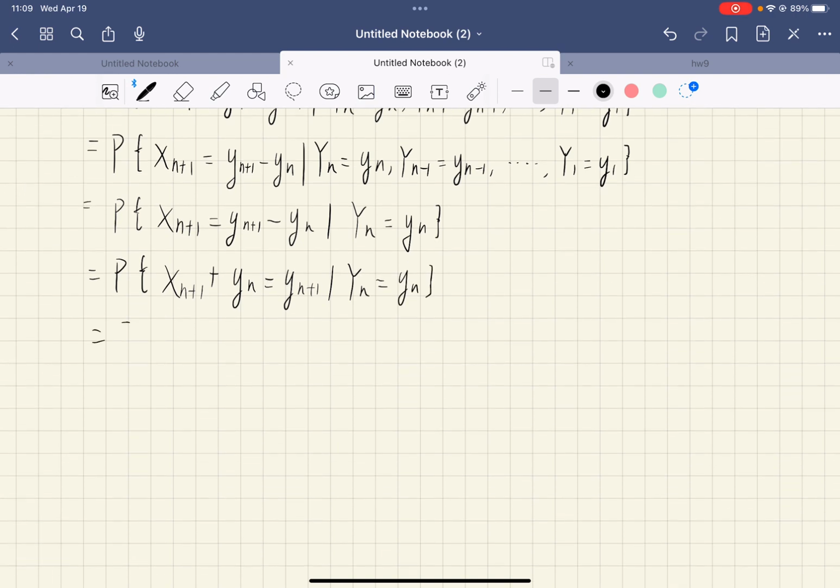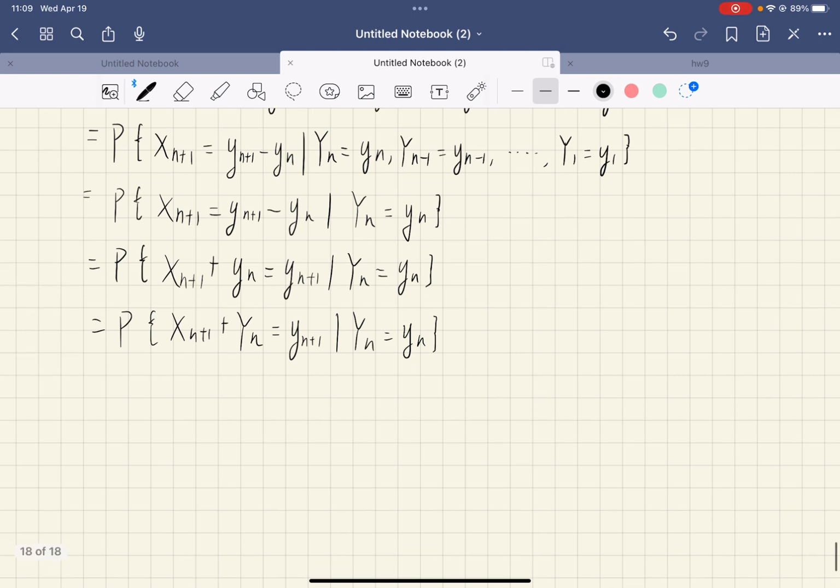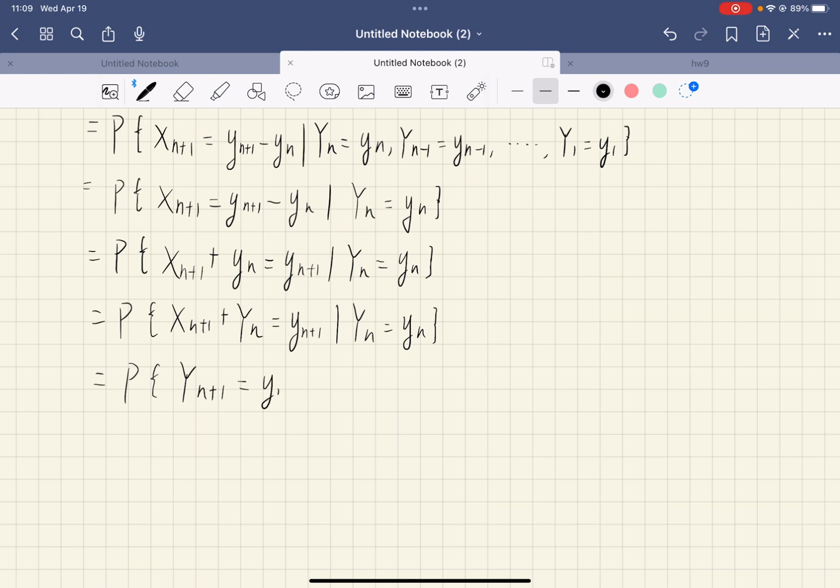And this should be equal to the probability of capital X n plus 1 plus capital Y n equals lowercase y n plus 1 based on capital Y n equals lowercase y n. Yes. And this should be equal to the probability of capital Y n plus 1 equals y n plus 1 based on Y n equals y n. So we prove this is a Markov chain.